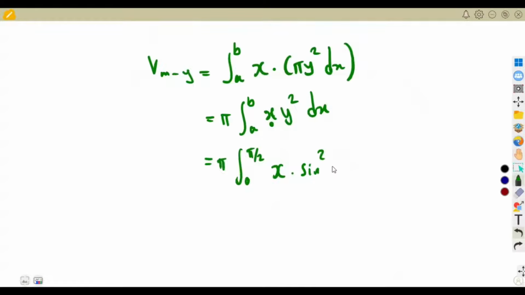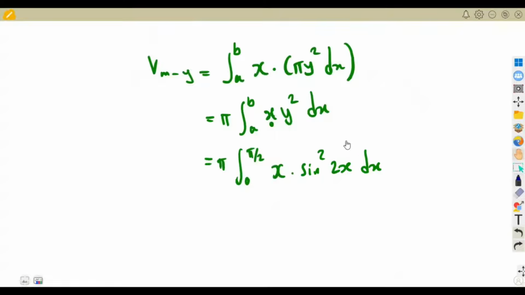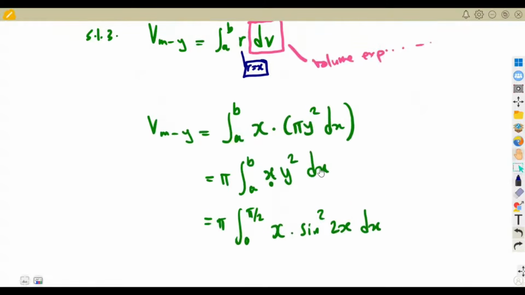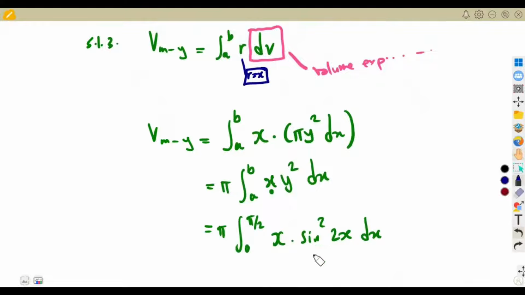So this is our sine squared x with respect to x. So the question is now in your hands. How are you going to integrate this? All right. So as we can see, we are back to our integration. That question of integration, we had the condition of this product of two terms, an algebraic and a trigonometric.